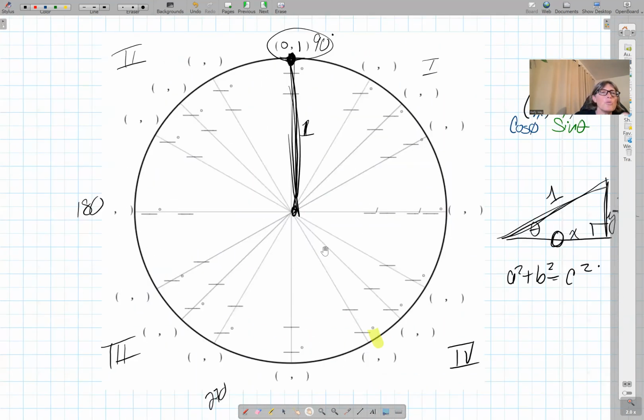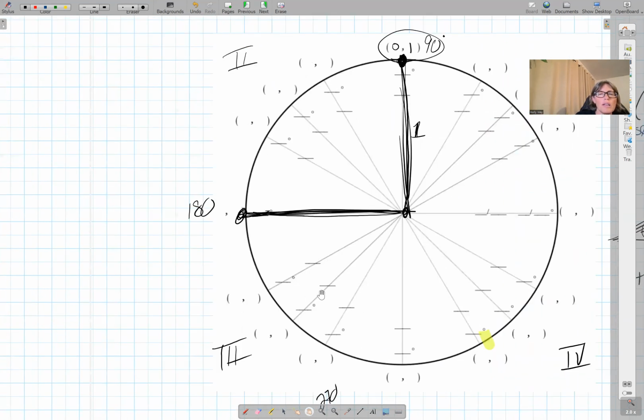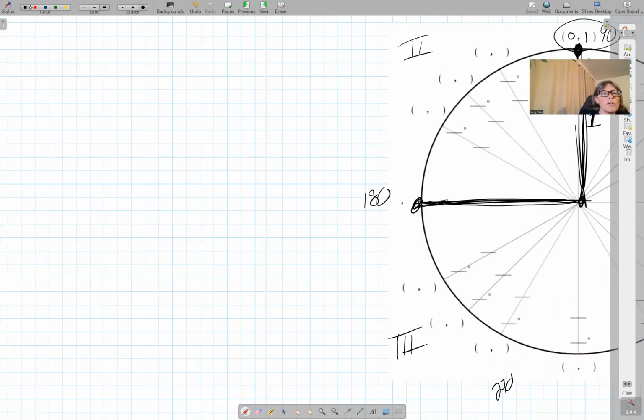And then if we were to do 180, let's walk through the 180 process. What would the 180 look like? We'll draw that triangle here. So 180, we start with our horizontal. If this is a radius of 1, technically we're going to be at (-1, 0).